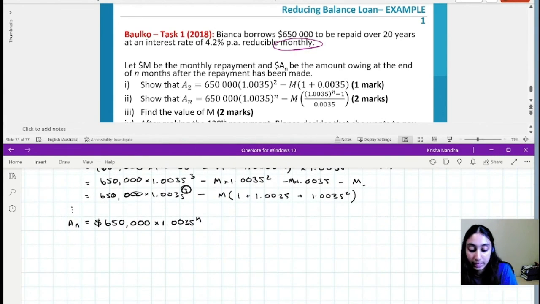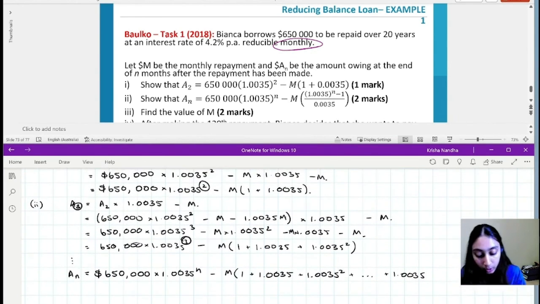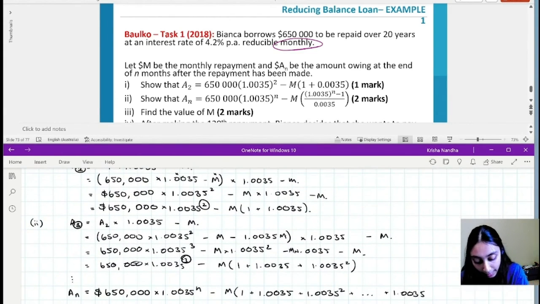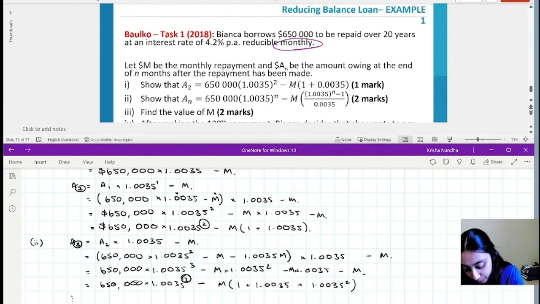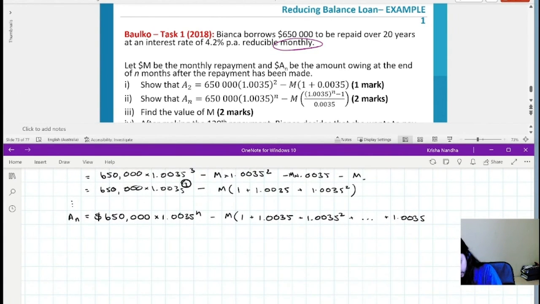So we're following that same kind of pattern. And then on the right-hand side, it'll be minus M, 1 plus 1.0035 plus 1.0035 squared plus blah, blah, blah, plus 1.0035 to the power, let's take a look at the power. So when n is equal to 3, the greatest power on this over here is 3 minus 1, 2. And same over here, when A is 2, the greatest power is 1. So it'll be n minus 1. Okay?